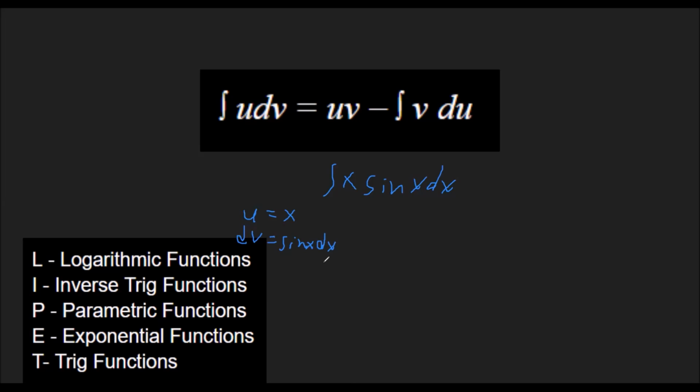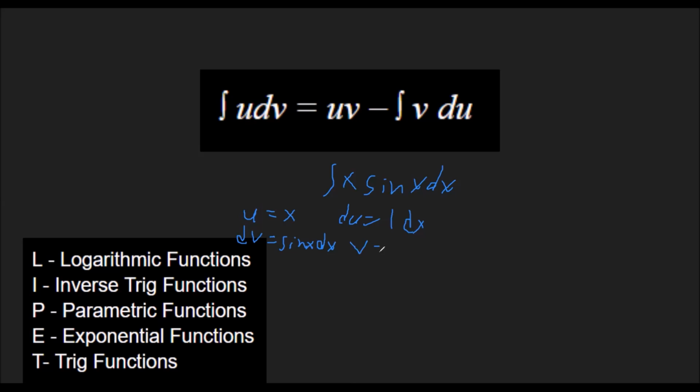And so let's find du next, as it's an important part of this formula. It's just the derivative of u. So it's 1 dx. Pretty simple. Let's integrate dv, such that we end up with v.